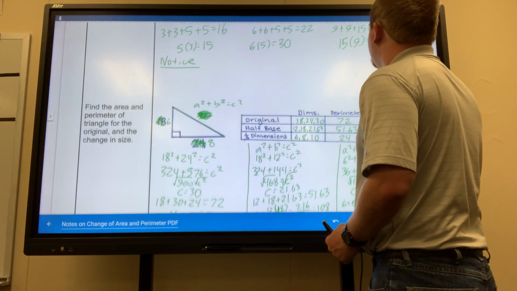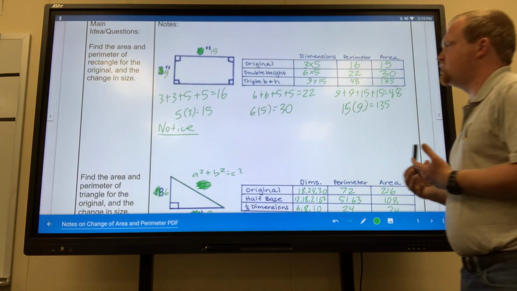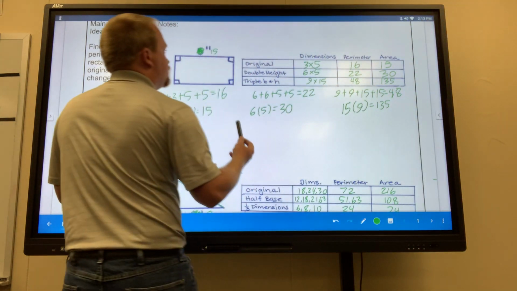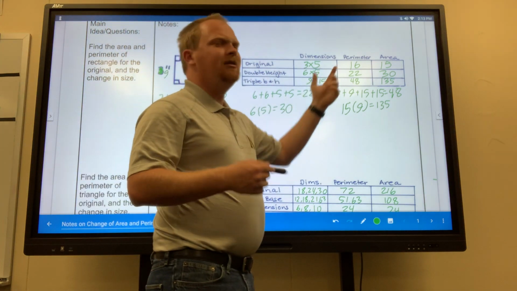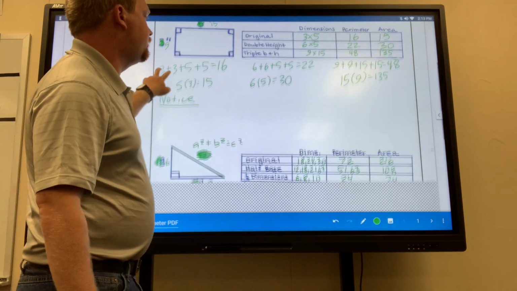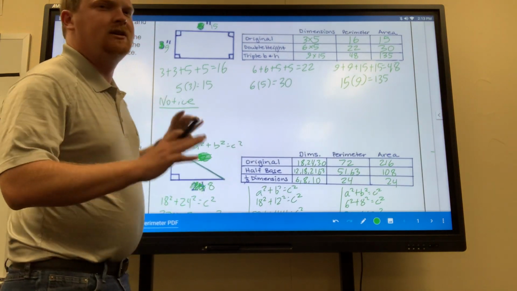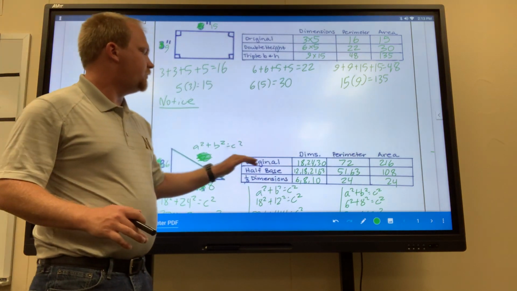So here's what I want y'all to notice. If we change the dimensions of just one of the dimensions, even if we look at all these different patterns and all these different possibilities, let me slow down. Okay, compare these two.